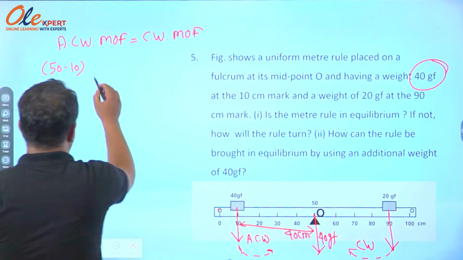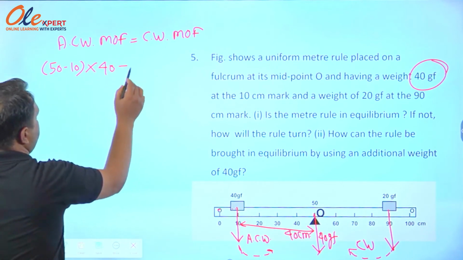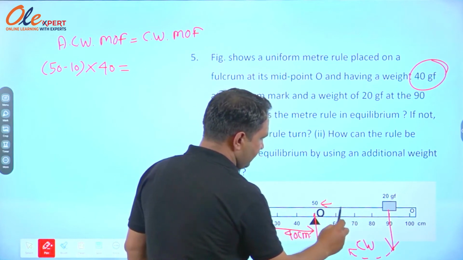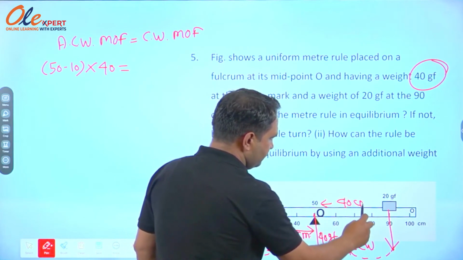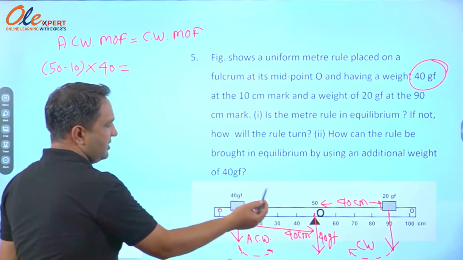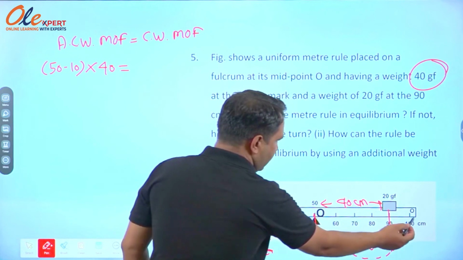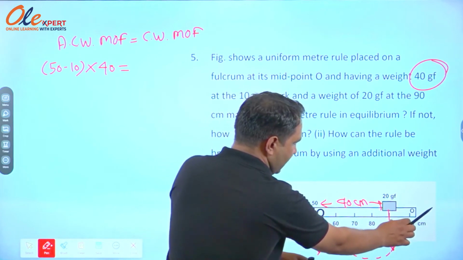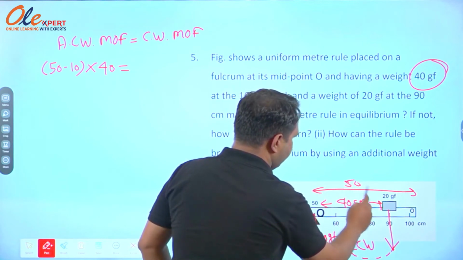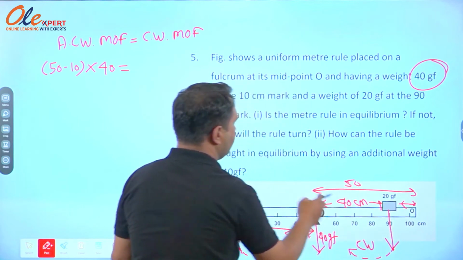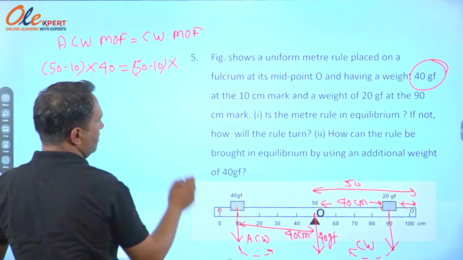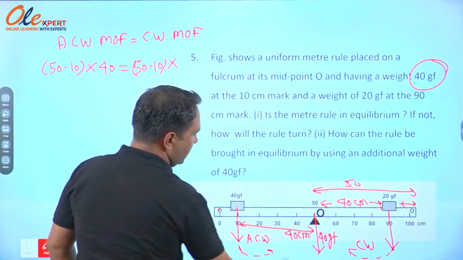So into 40 is equal to clockwise moment of force. How much is this distance? 40 centimeter, right? 100 minus 10, total this is 50 centimeter, and 50 minus 10 means 40 centimeter. 50 minus 10 into, this is 40 gf.